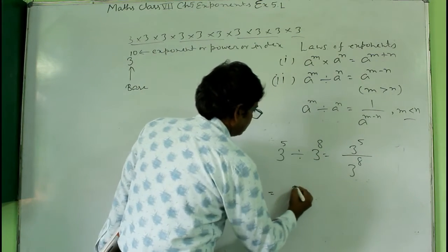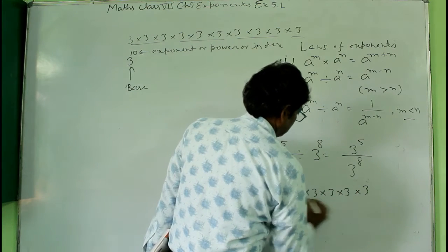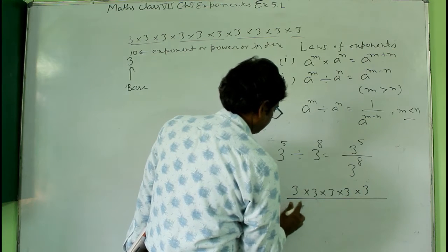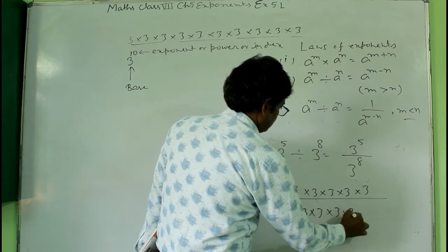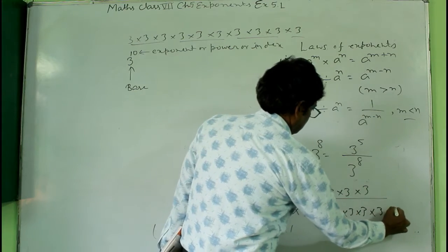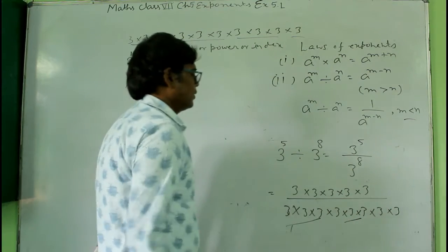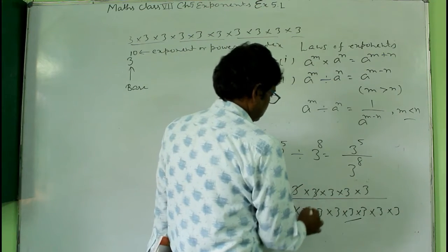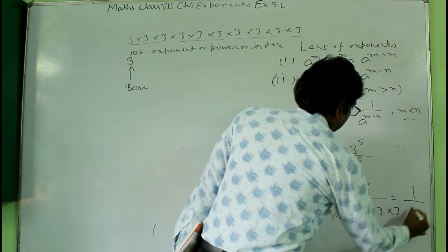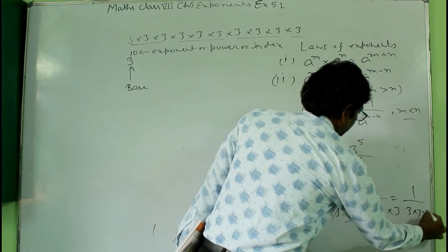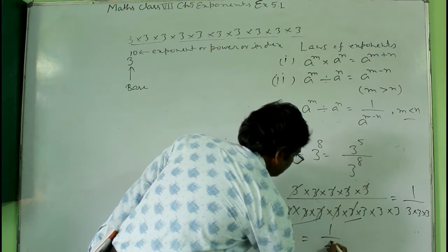So it will be 3 into 3 into 3 into 3 into 3 by 3 again, 8 times. Now you can cancel. So how many are left? 1 by 3 into 3 into 3, so it will be 1 by 3 to the power 3.